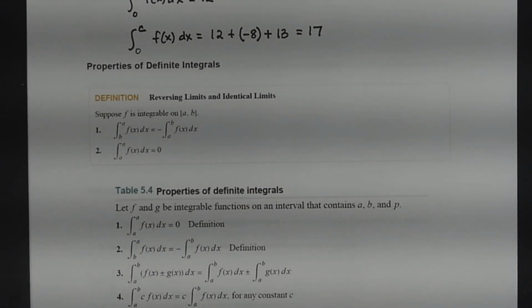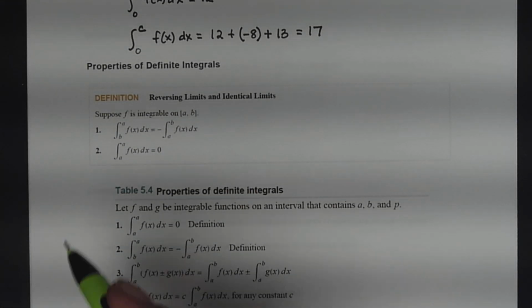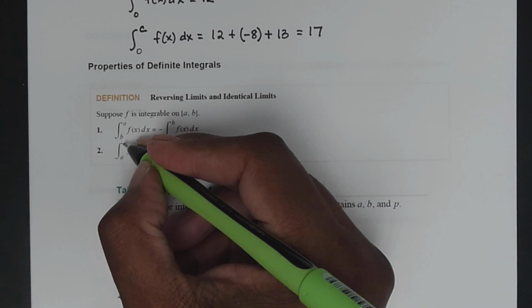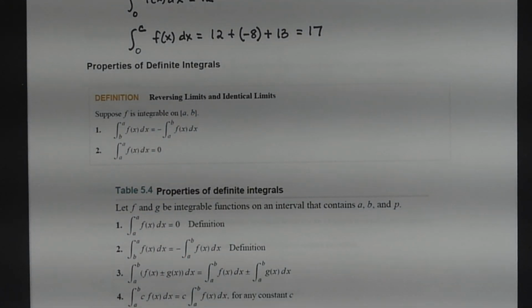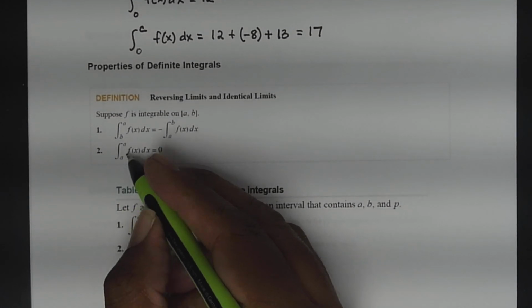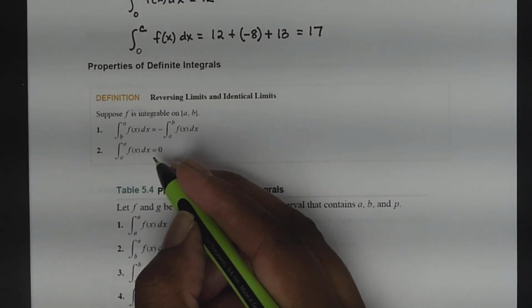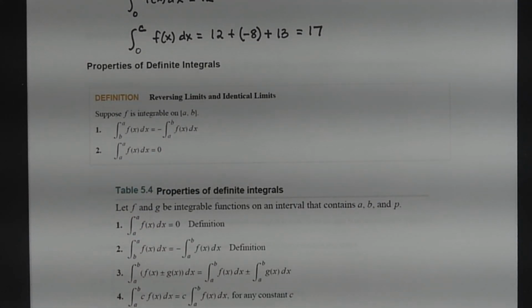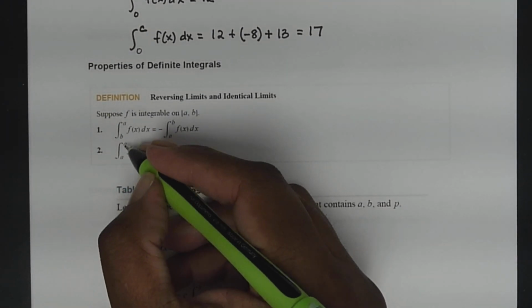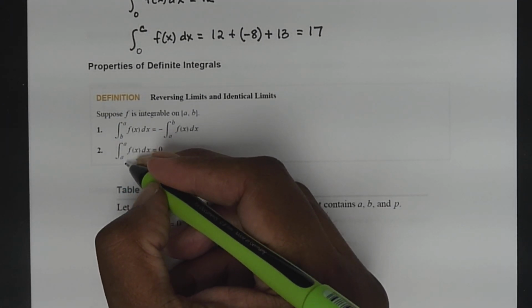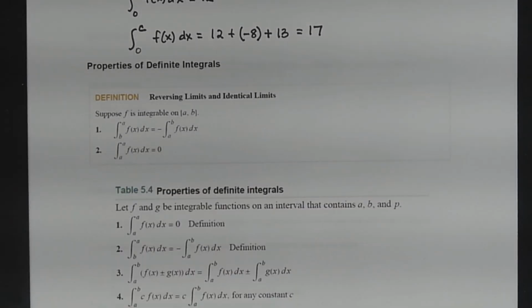We can just swap the limits here, but we need a negative sign in front of it. And number 2, the integral from a to a of f of x dx, that's going to be 0. So if your lower limit and your upper limit are exactly the same, then its integral will be 0.